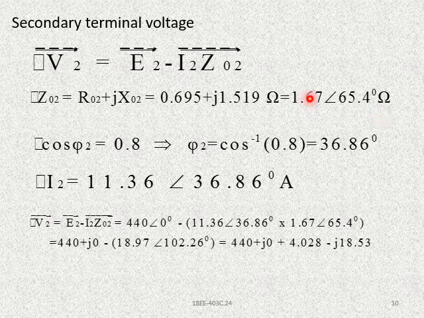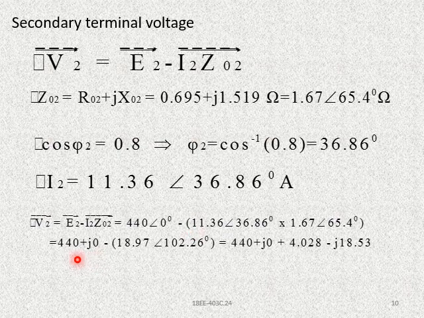E2 is 440 plus J0, minus the product of I2 and Z02.